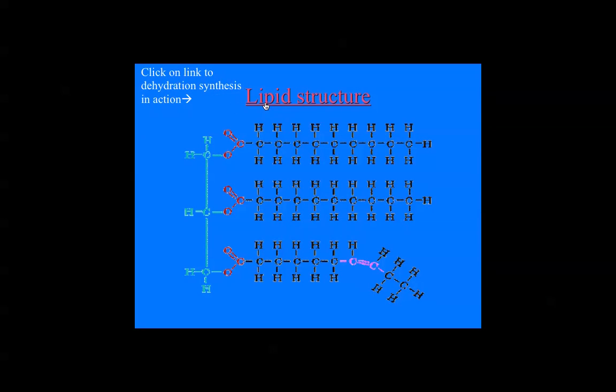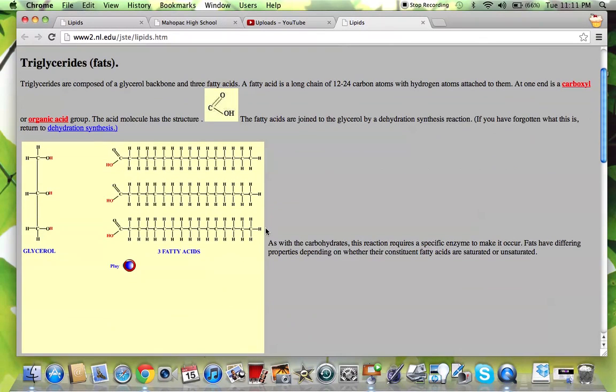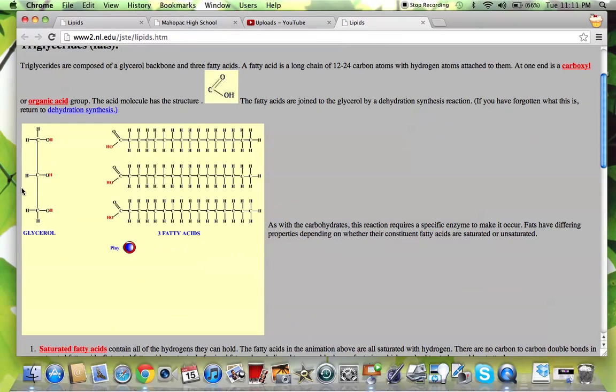Let's take a look at a quick video clip of that. So here we have glycerol, over here the 3 fatty acids, the 2 hydrogen and oxygen, which is shaded in red, represents the water.